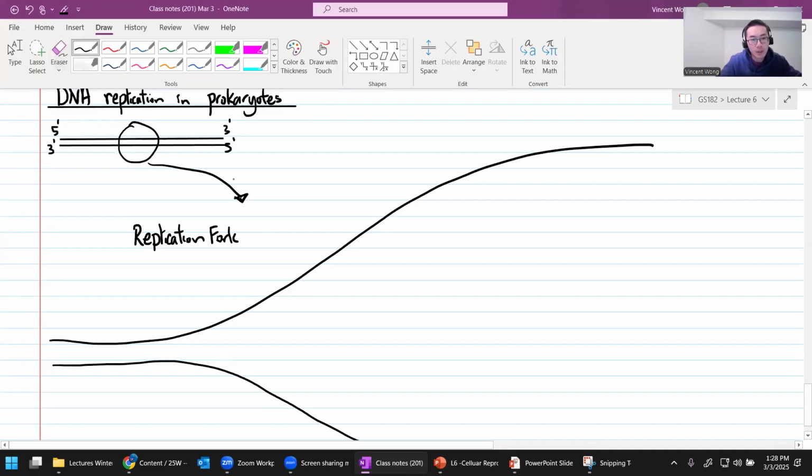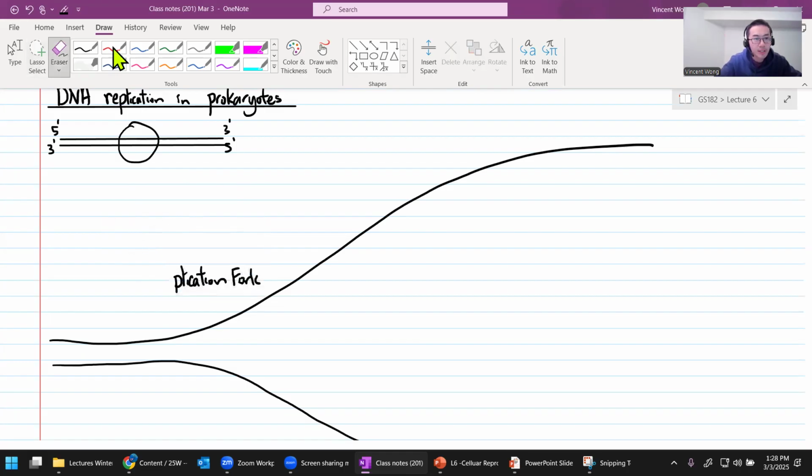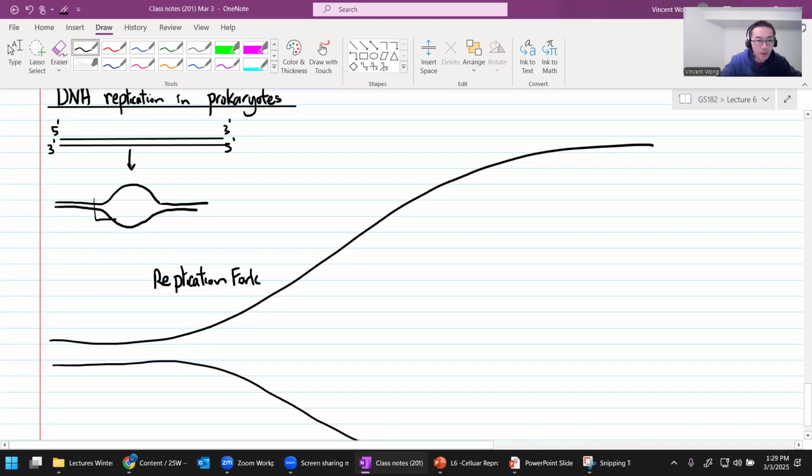Okay. Maybe I should add a diagram right here. Just include an intermediate step for you first. This is replication fork. So over here, what's gonna happen is you're gonna create a bubble, and then we are zooming in on one side of the bubble.